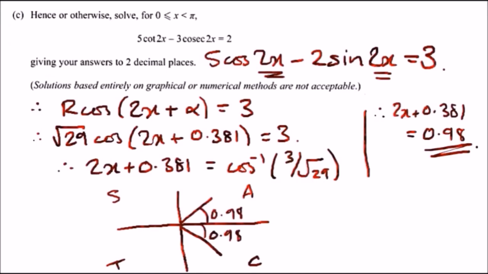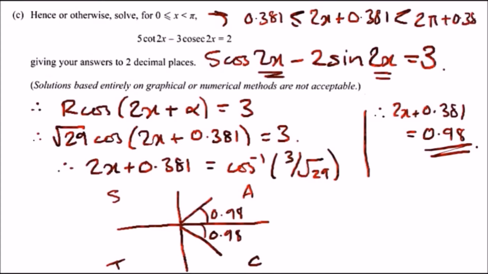Right, and remember this applies for the range of 2x. So because we're working with this entire range, we can expand this by doubling it first and adding 0.381 across. So our new range is 0.381 less than or equal to 2x plus 0.381, less than 2 pi plus 0.381. So this is our new interval for the cos.